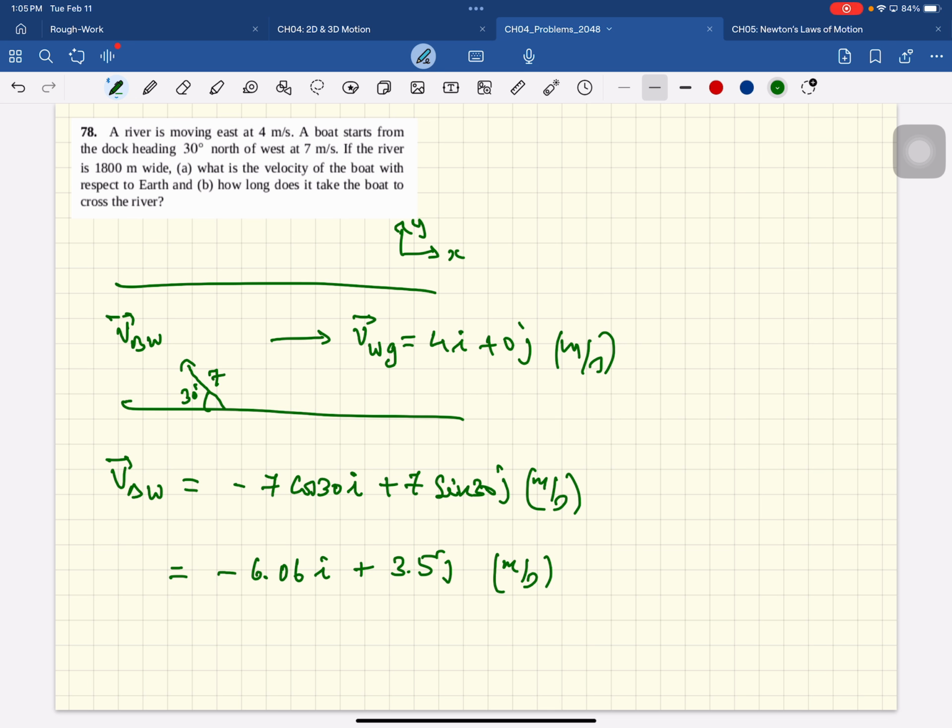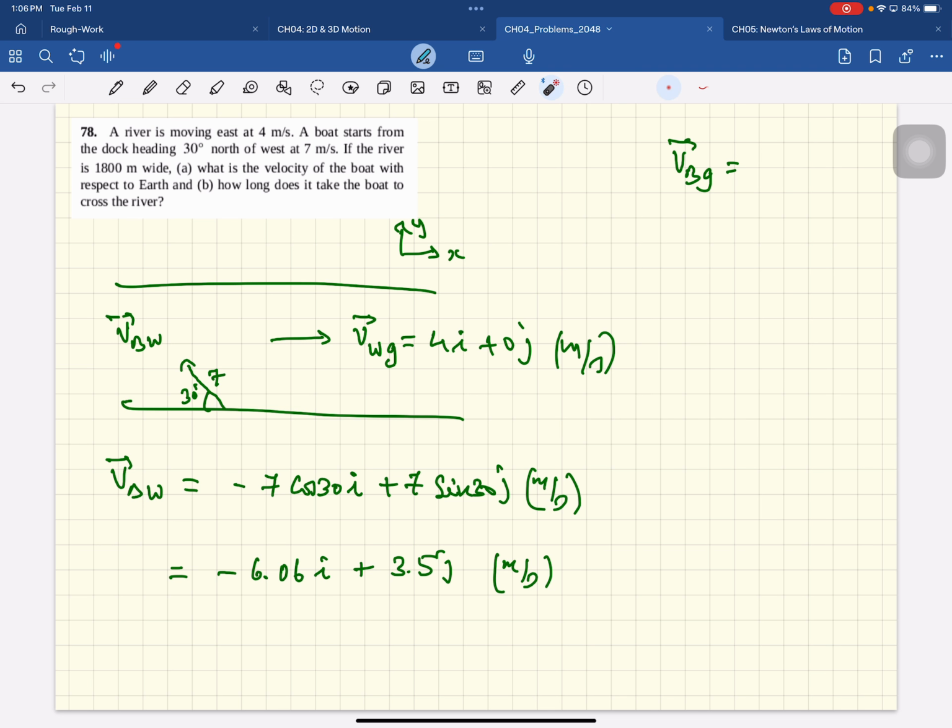Okay, so now we have the velocities. What is it that we want? So you're starting here and you want to cross over there, okay? What you want is the velocity of the boat with respect to the ground, okay? So velocity of the boat with respect to the ground.